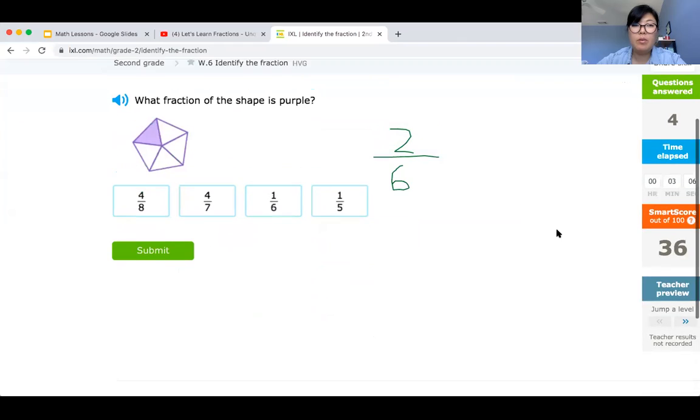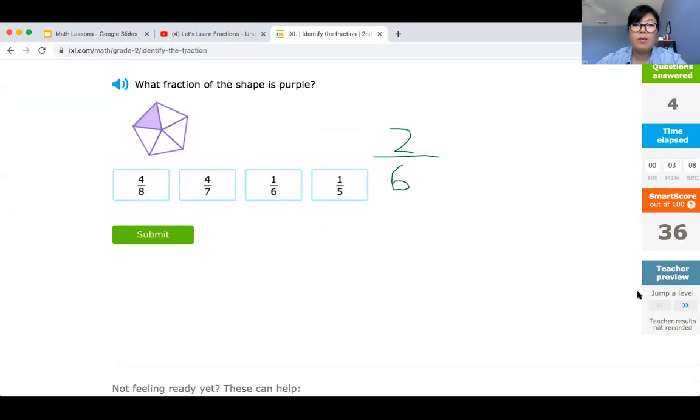Let's do another one. Let me erase the answer. Let's read the question. What fraction of the shape is purple? How many equal parts are there? 1, 2, 3, 4, 5.